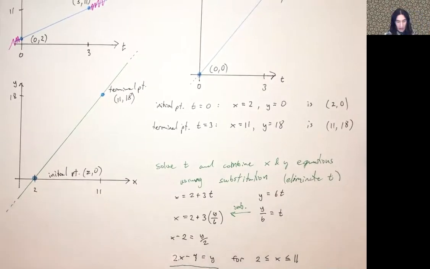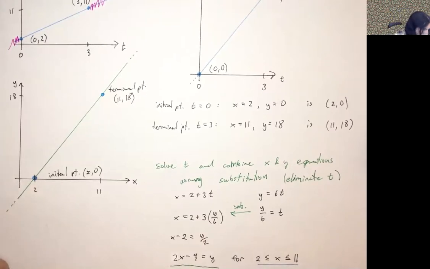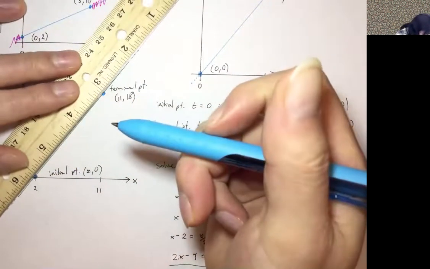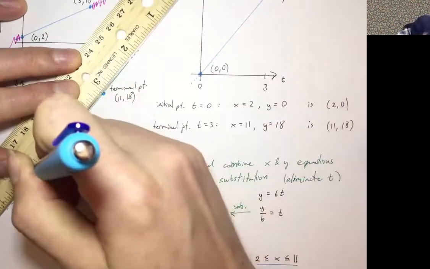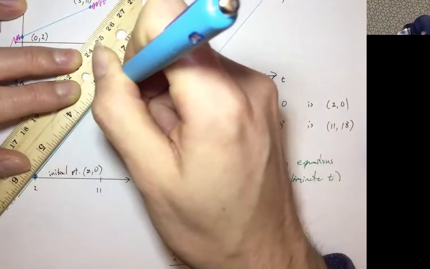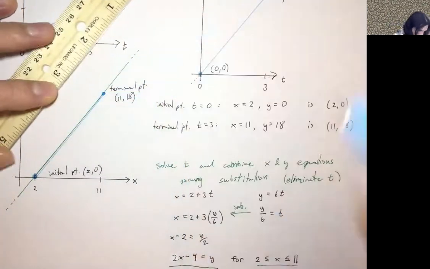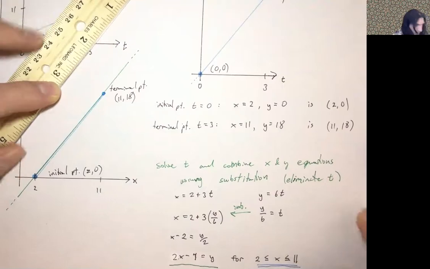And now when I include that, I can finally say that what I'm actually getting is just the portion between here and here. Okay, so I'm going to go ahead and maybe double line this like that so I can distinguish these two.